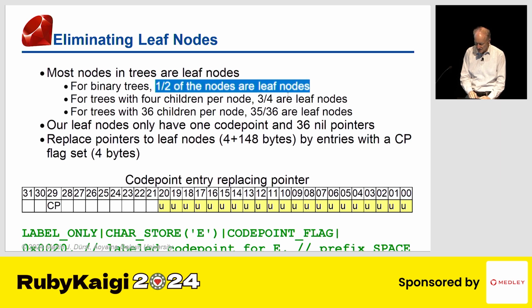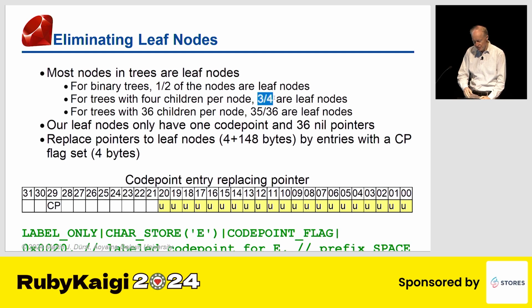But if we have 4 children per node, actually 3/4 of the nodes are leaves. And in our case, we have 36 children per node, so almost every node is a leaf. And so if we can somehow reduce leaves, we save a lot of space.